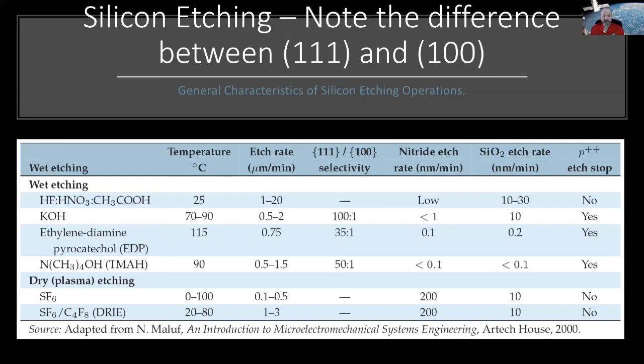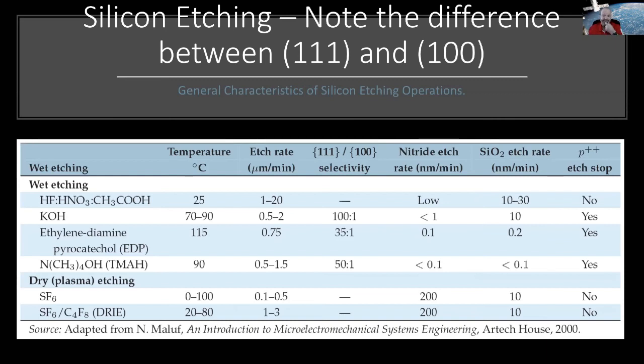So potassium hydroxide will etch anywhere from half a micron per minute to 2 microns per minute, with that temperature range. And the selectivity here is 100-to-1. I think it's actually a little higher than that, but it doesn't etch the 111 as fast as it etches the 100 plane.